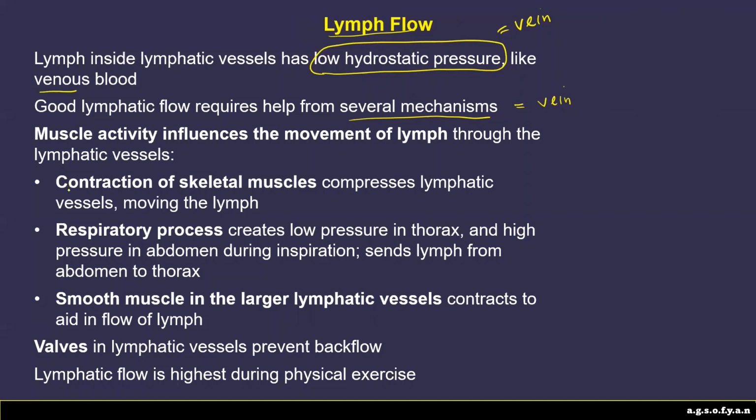Very similar help comes from contraction of skeletal muscle. When our skeletal muscles are active, the flow will be faster. Also similar to veins is help from the respiratory process, which creates low pressure in the thorax that will increase the flow of lymph and also the veins.